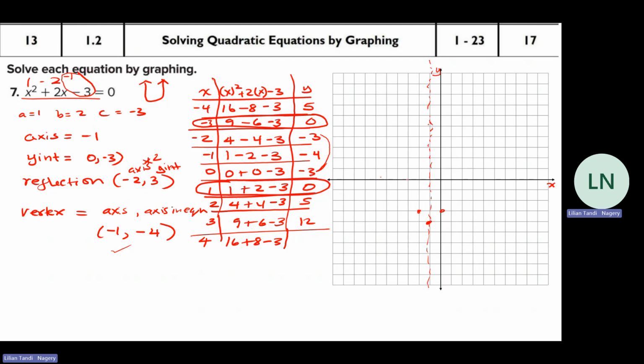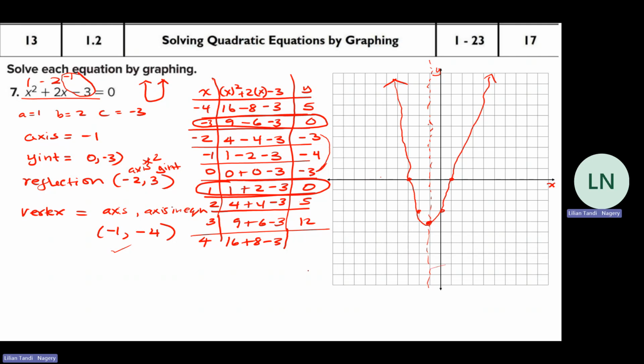Your other solution was (1, 0). Okay, so there, your graph should look like that. If your graph is not looking like this, okay, that's what you do.